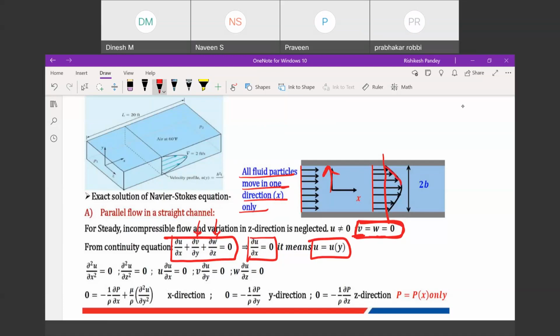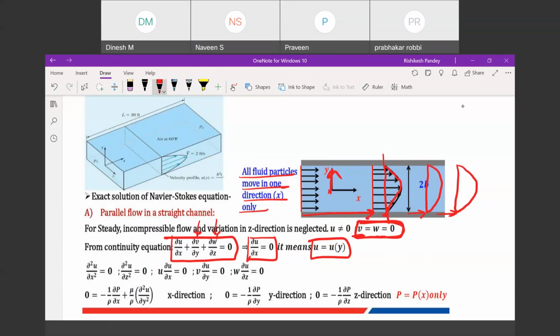Velocity is varying in this direction, velocity is not varying in x direction. At this location also, if I make the profile, it will come like this only. At this x distance the profile is this, at this x distance the profile is this, and at this x distance also the profile remains same.